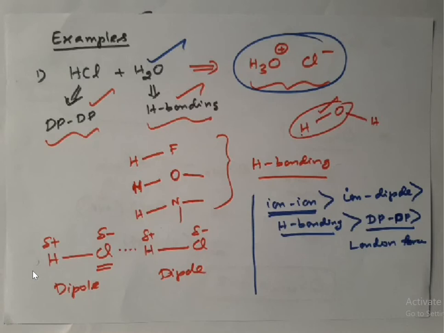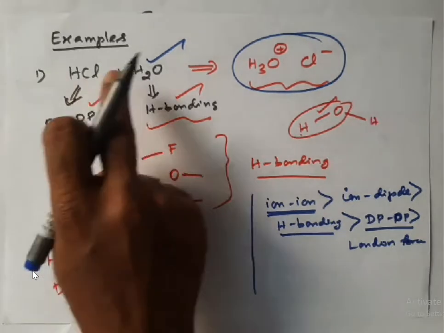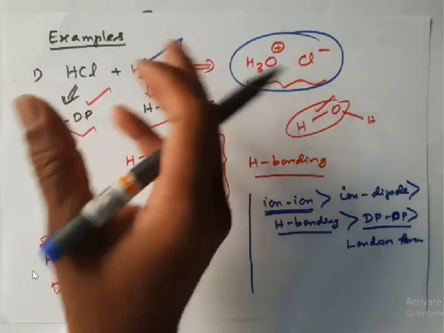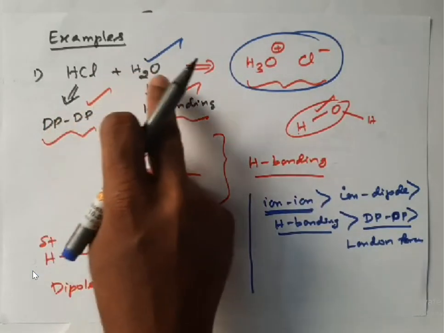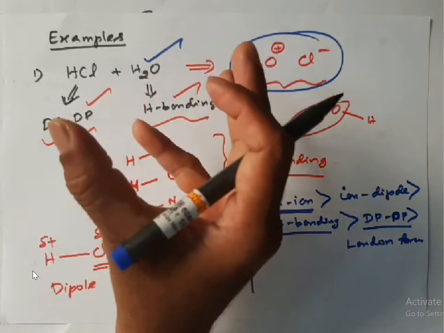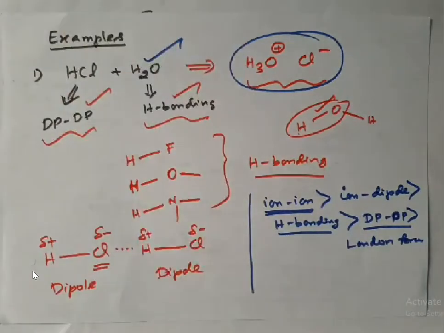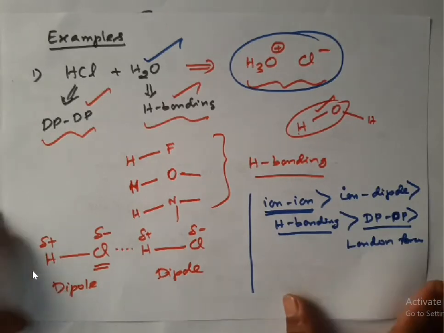Whenever AB attraction is stronger than AA or BB, then you will get a solution showing negative deviation. So if you mix HCl and water, you will get hydrochloric acid solution. Hydrochloric acid solution shows negative deviation. Is this clear, students? Any doubt? No doubt, sir. Okay.